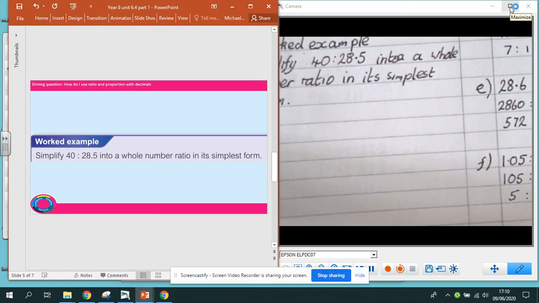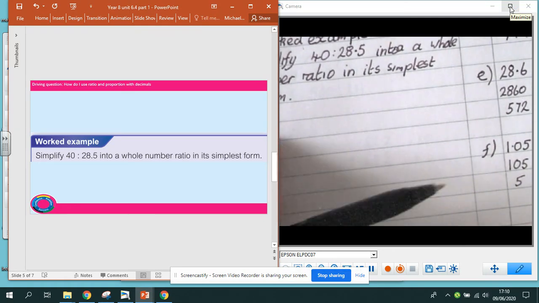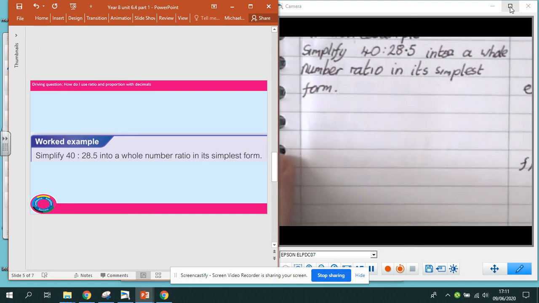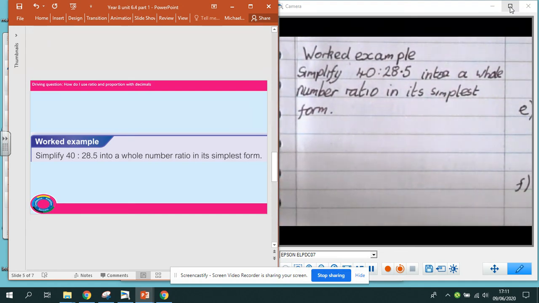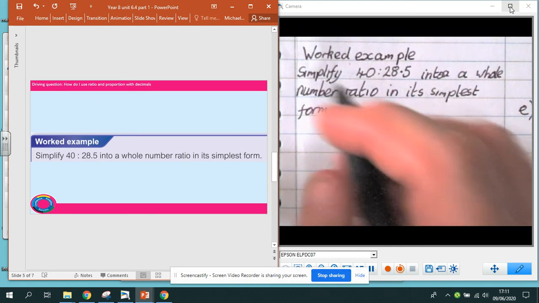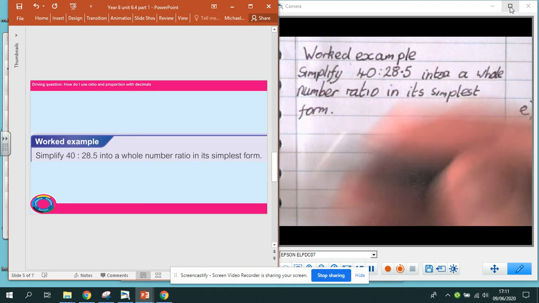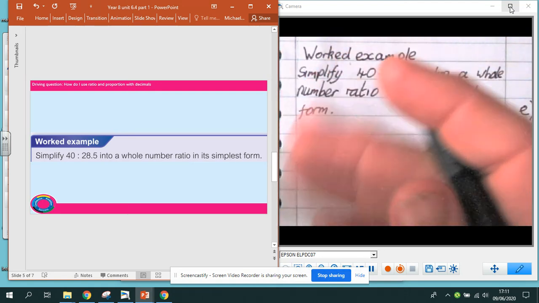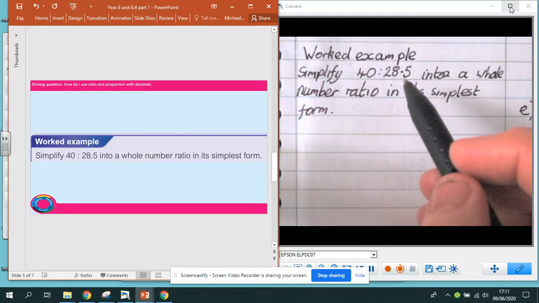The first thing that I'm going to do in this case is to try and make both of these numbers into whole numbers. In the same way as you can with fractions, if you multiply both the numbers by the same number, they effectively stay the same. I'm going to do that with these numbers as well.